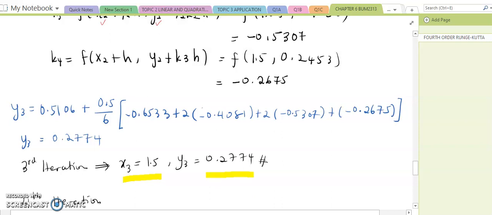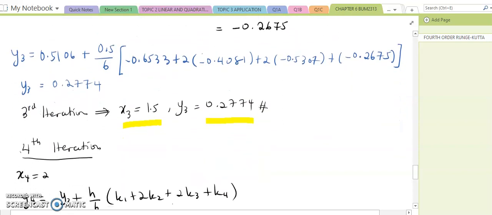Okay, next, you must do the last iteration, iteration number 4. So at the fourth iteration, your x4 now is 2, because the previous x is 1.5, and since our h is 0.5, 1.5 plus 0.5 is 2. So x4 is equal to 2.